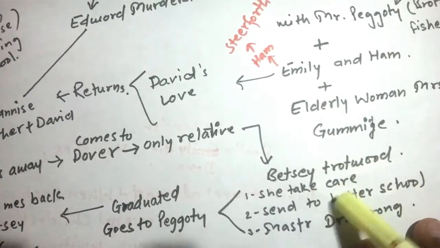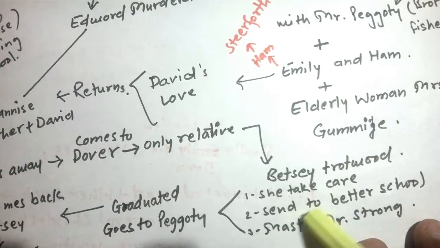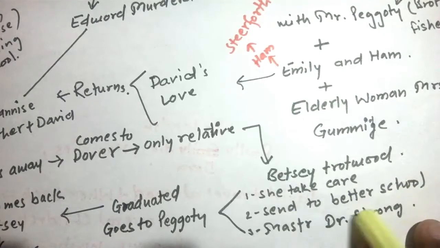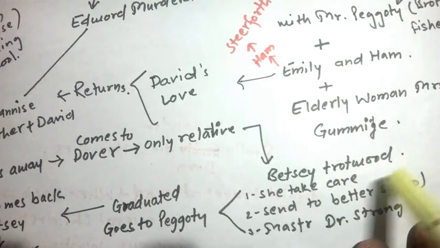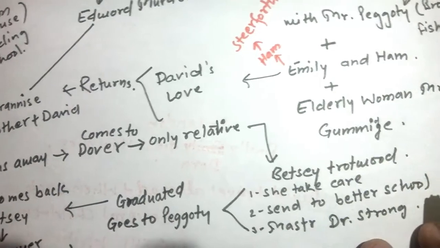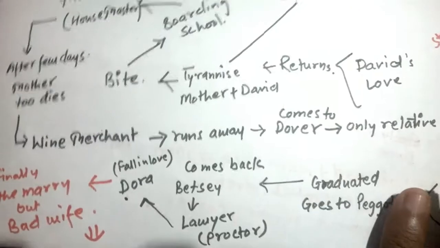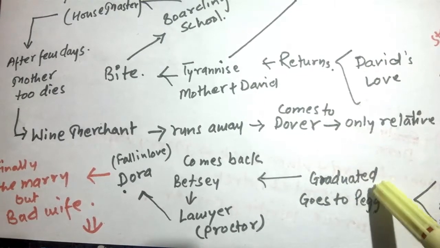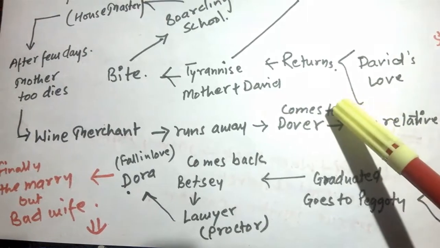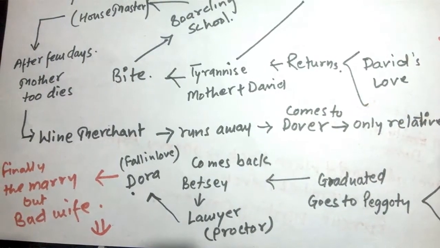So I have written three things here to summarize her work. First, she took care of him, and she sent him to a better school, and the master of that school was Dr. Strong. Next, he graduated there and goes to Peggotty again. Peggotty, you remember? The housekeeper.